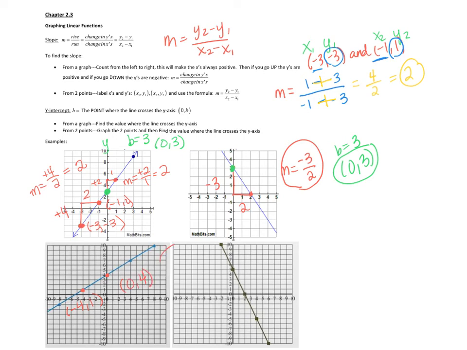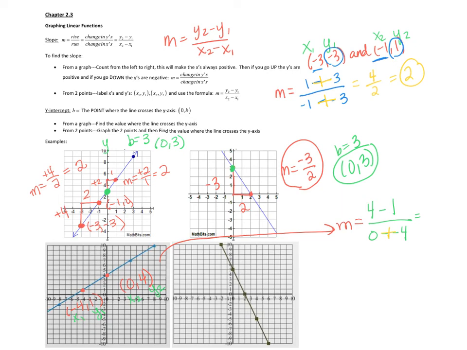So I'm going to use my formula. Let's go over here to the side. So I'm going to say if my first point is my x1, y1, my next point is my x2, y2. So I'm going to say 4 minus 1 over 0 minus negative 4.